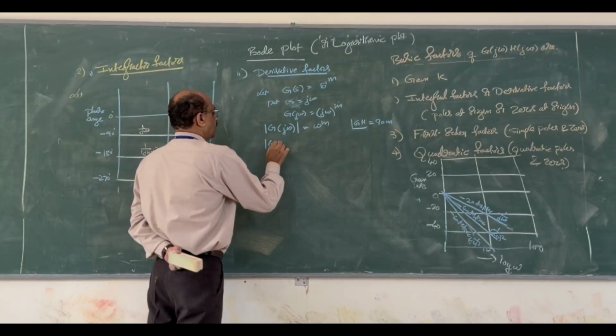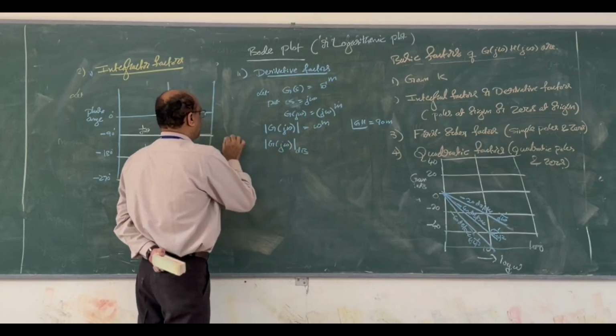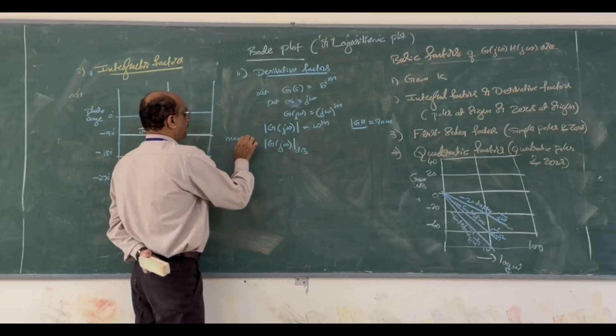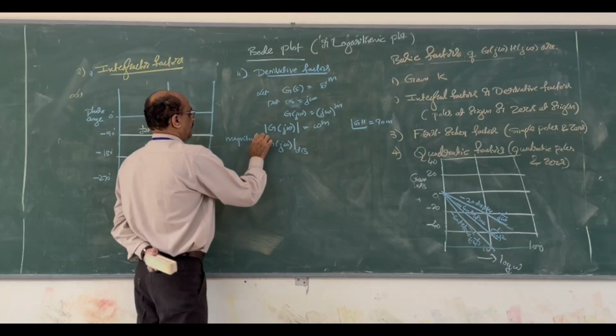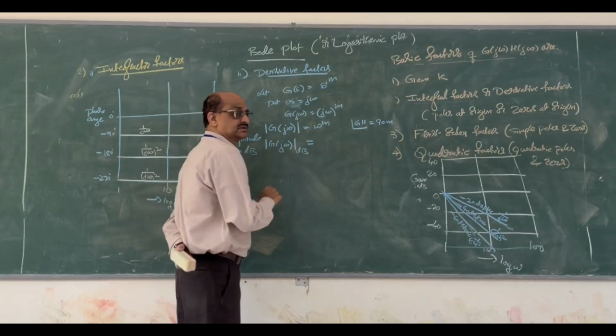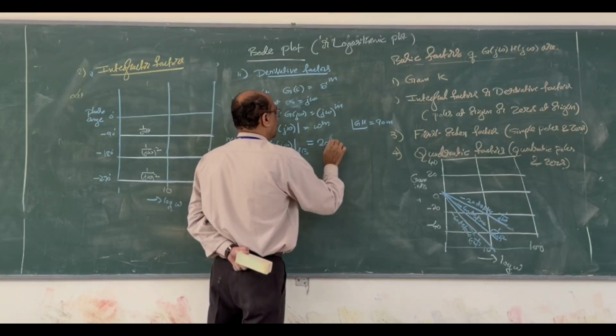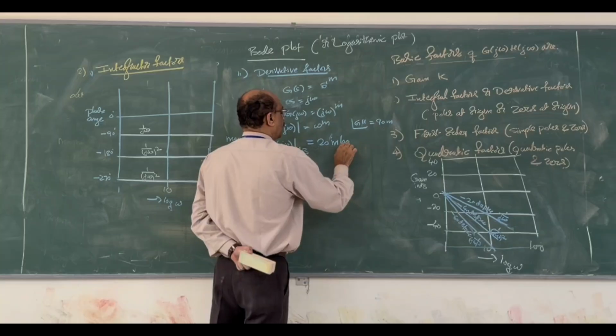Then G of j omega in dB, magnitude in dB, is given by 20 m log omega.